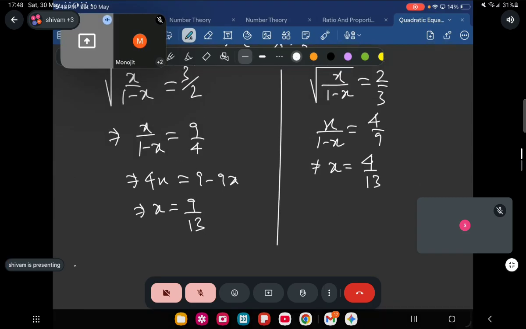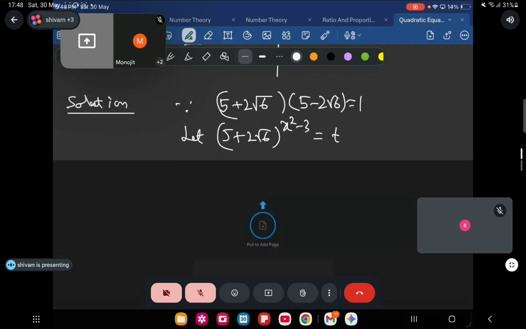Okay. This is number 6. So since 5 plus 2 root 6 into 5 minus 2 root 6 is equal to 1, let 5 plus 2 root 6 whole to the power x square minus 3 be t. Right, tell me.